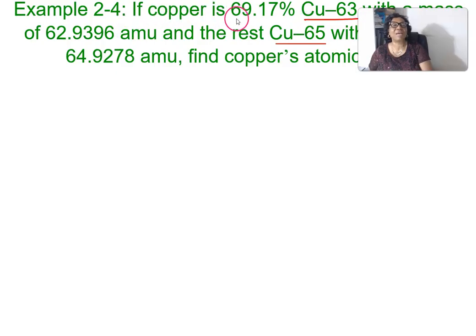So if copper is 69.17% copper 63 with a mass of this, and the rest is copper 65 with a mass of this, find copper's atomic mass.